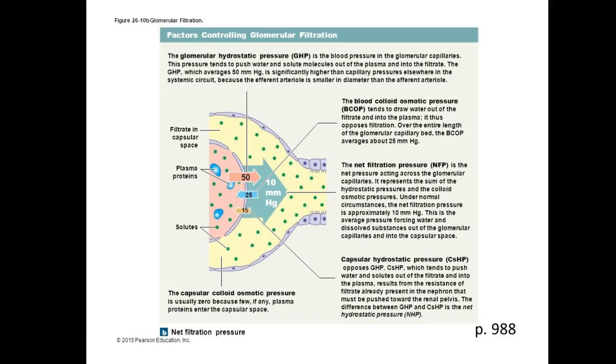You have the glomerular hydrostatic pressure that is pushing the filtrate out, but you also have pressure from the capsule as the filtrate fills that's pushing back, and you have to subtract those one from the other, the capsular from the glomerular, to come up with a net filtration pressure.